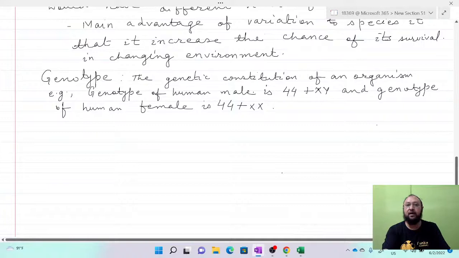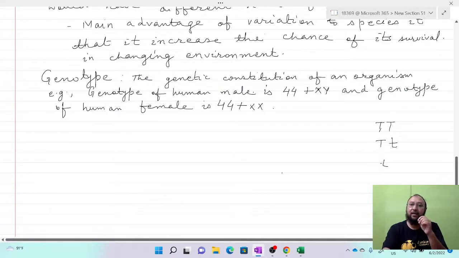Now let us consider an example from the experiment that Mendel did. He found that there are two forms for one trait or character, one dominant and one recessive. The dominant is represented by the capital letter T, and the recessive by the small letter t.